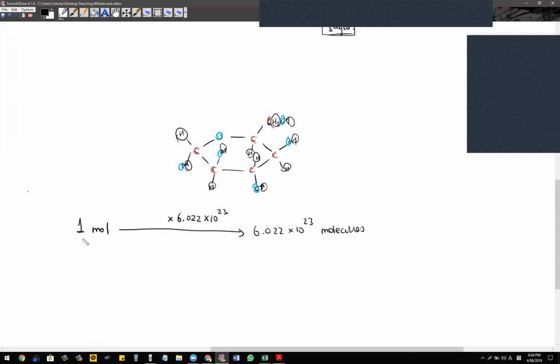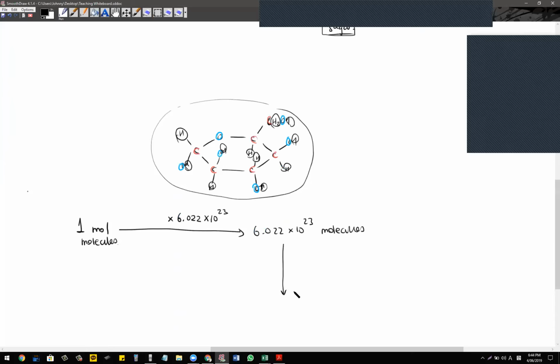I've got 1 mole of molecules, which is that many molecules. That means that many of this thing. So we count that as 1. This whole thing is 1.